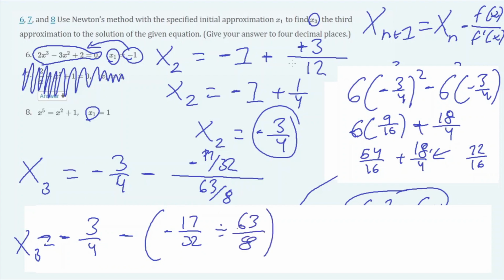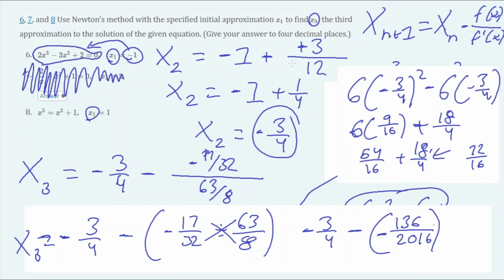And now what we could do to find this out is just cross multiply. So we're going to end up having negative 3 over 4 minus, if we cross multiply, 17 times 8, which is 136 on the top. And then on the bottom, we could also keep this negative here, we're going to have 32 times 63, so it'll be 2016.